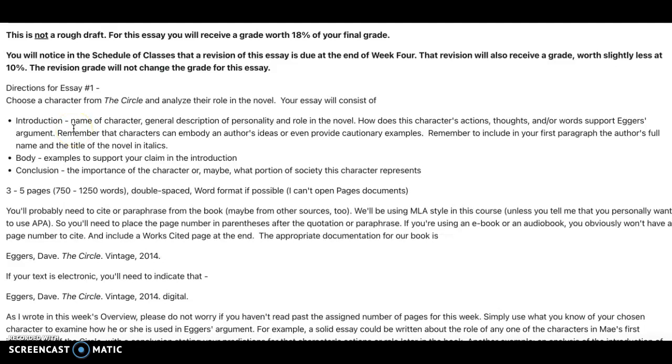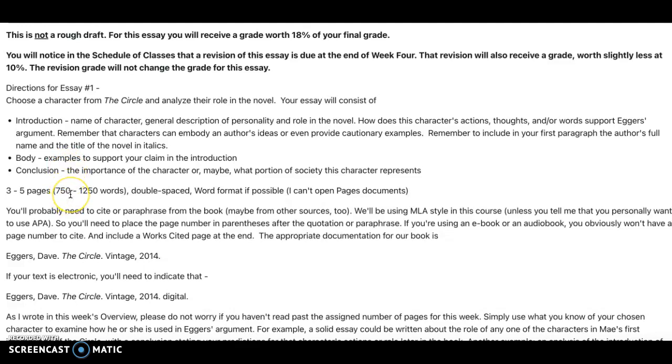Your thesis will be, this character represents Eggers' argument in this way. Body will be a series of paragraphs telling me, how does this work? How does this character play into Eggers' point? And a conclusion, the overall general importance of the character.